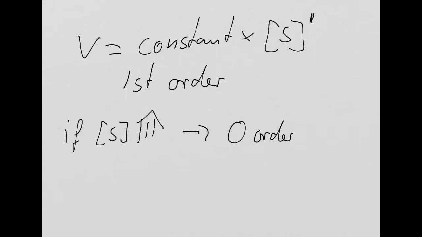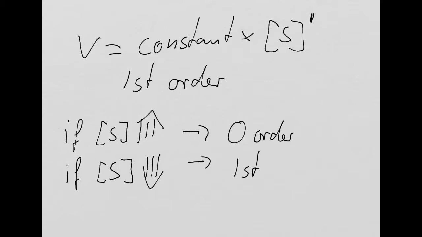And now that Klapper guy tells you if S is very small, we end up with a first order reaction. It seems that our Michaelis Menten equation hasn't made up its mind what it wants to be. Sort of in the middle.